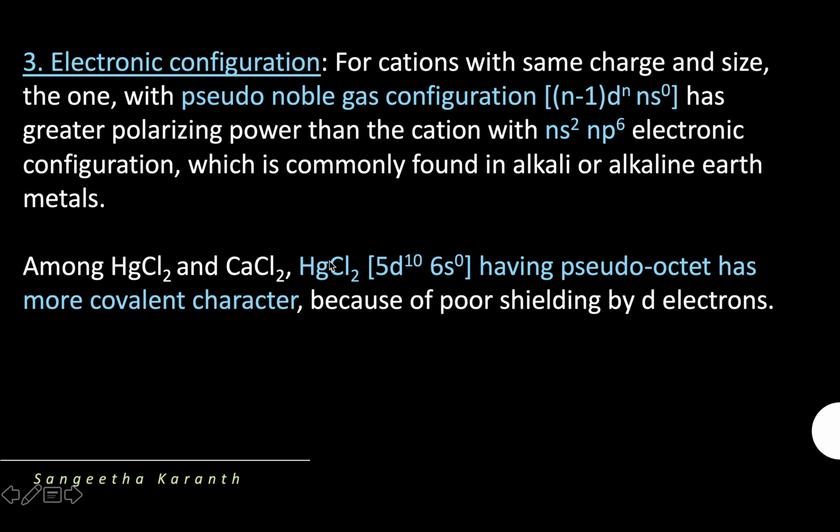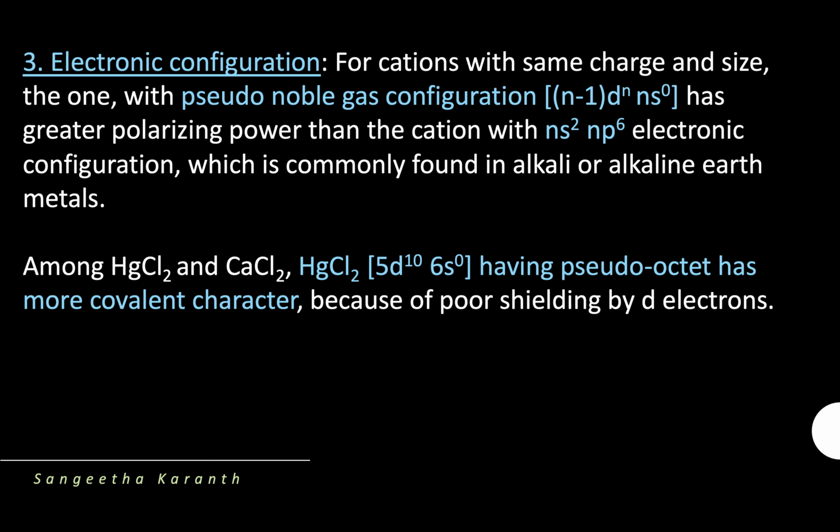Why is the polarization maximum when it has a pseudo octet or d electrons? What you have to remember is that d electrons are very poor in shielding. If the shielding effect is less, the nucleus will have more power to pull the outer electrons of the neighboring anion. If the outer electrons of the anion are pulled, polarization is more. If polarization is more, the covalent character is also more.